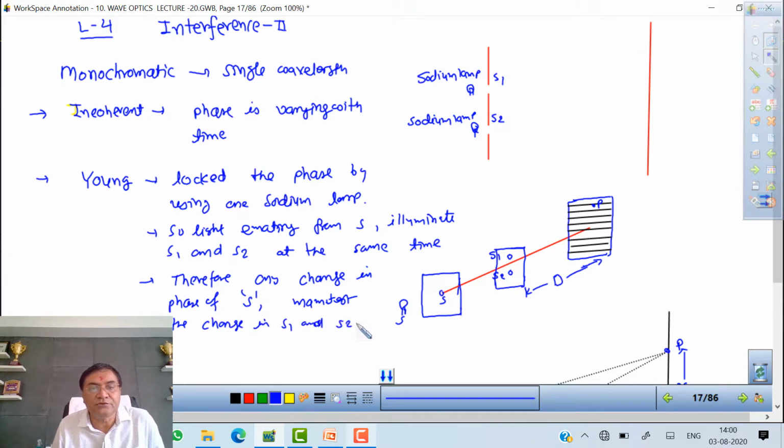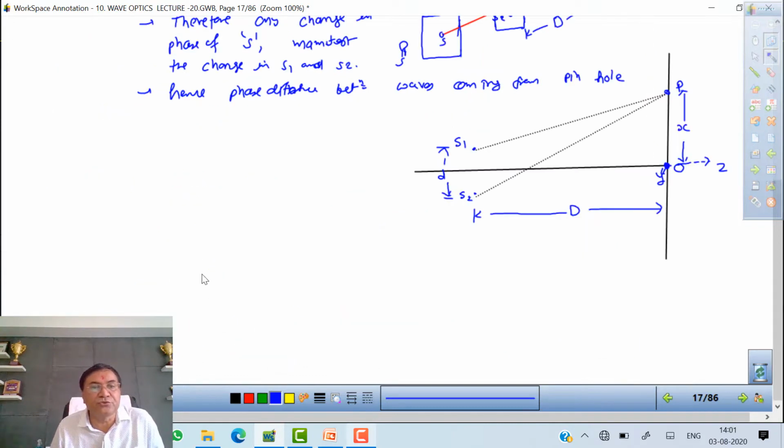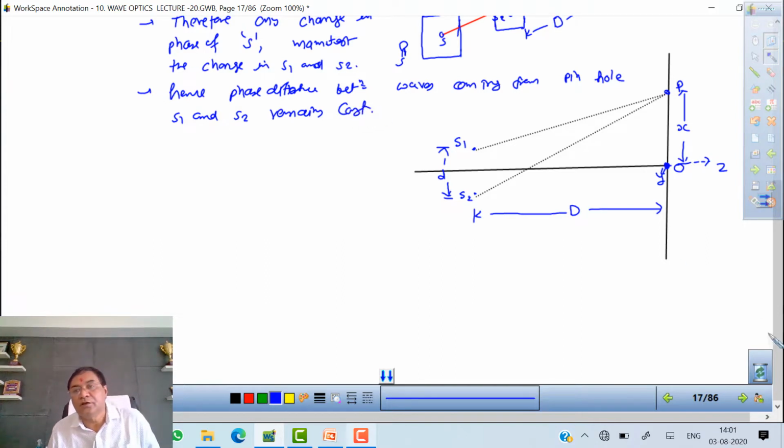Hence, the phase difference between waves coming from pinholes S1 and S2 remains constant. Understood?